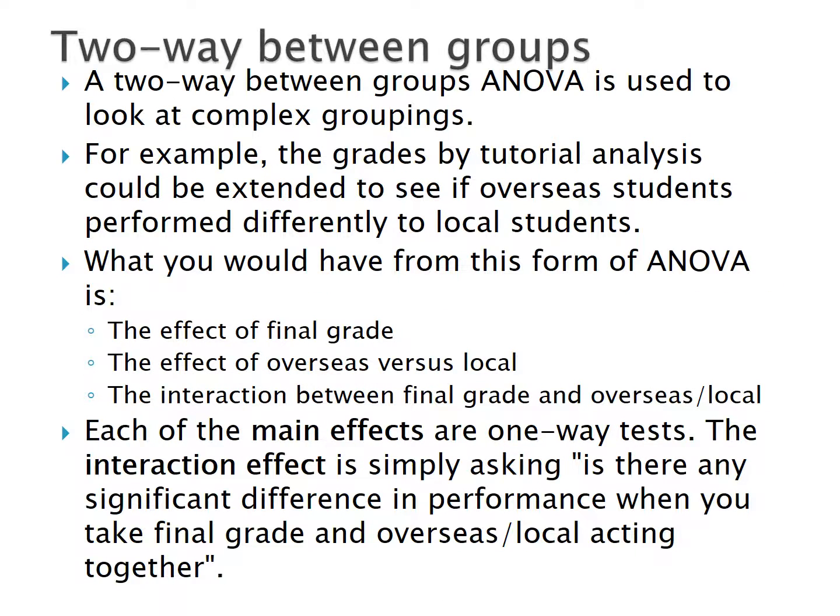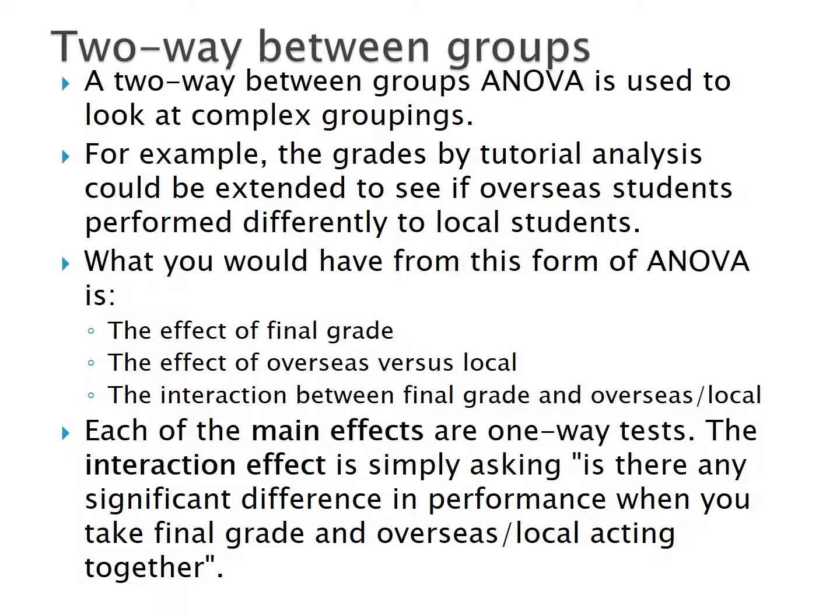Two-way between groups are used to look at more complex groupings. For example, the grades by tutorial analysis could be extended to see if overseas students performed differently to local students, or to see if culinary students perform differently to tourism students.